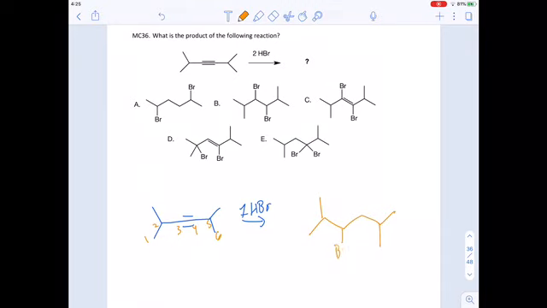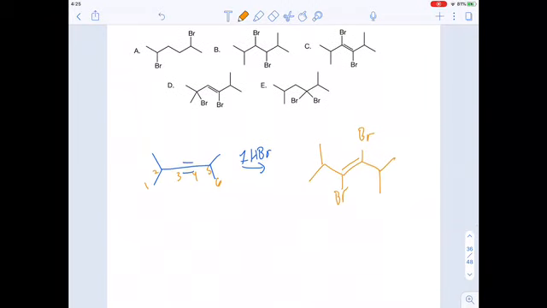I'm missing methyls. You would get a Br added anti across the triple bond with the double bond still there.